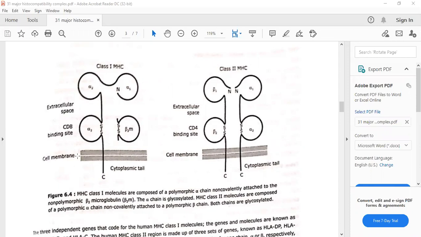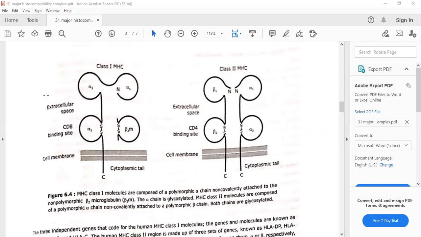This is the transmembrane domain. This is known as the membrane proximal region because it is near the membrane. And this is known as the membrane distal region, because it is far away from the membrane.